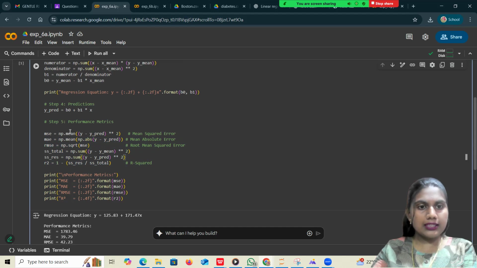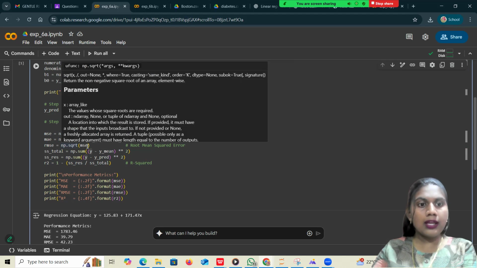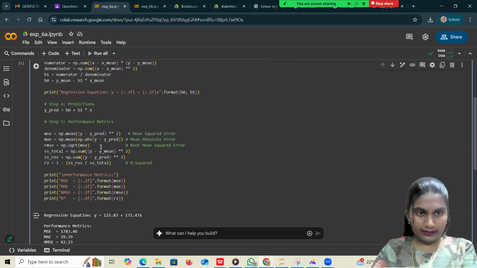To find mean squared error, we are giving the mean of (y minus y_predict) power 2. For the absolute error, the mean of the absolute value of y minus y_predict. Root mean squared error is the square root of mean squared error.